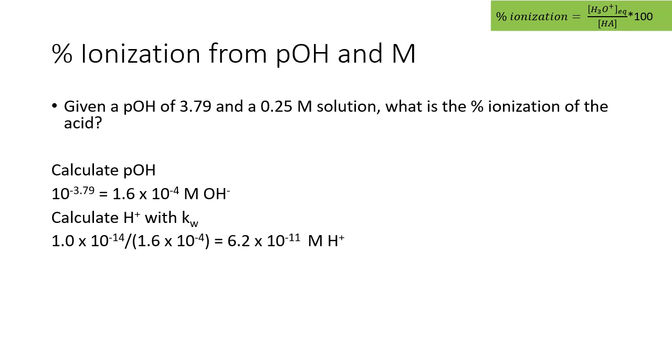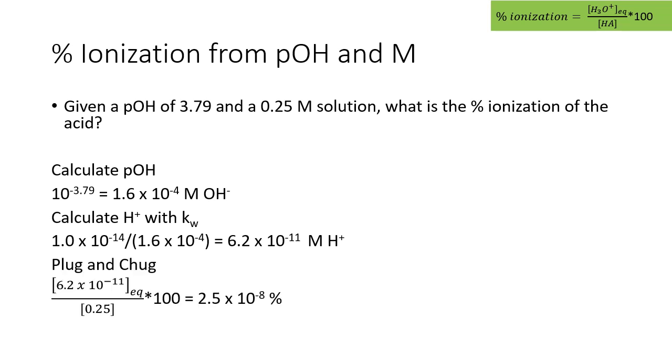Now we have both parts of the percent ionization equation, so we plug and chug. And in the end, we get 2.5 times 10 to the negative 8th percent ionized, which is pretty tiny. This is a very weak acid, but again, given that we measured pOH, this is probably a base that we're calculating for. But we know we can interrelate the two, right? They're going back and forth. They're in equilibrium. This is valid. This is a thing we can do.